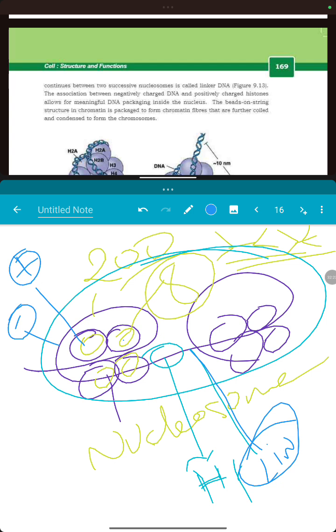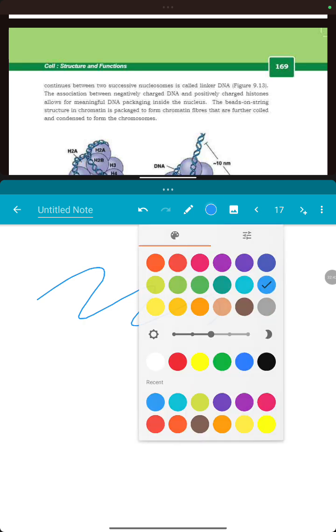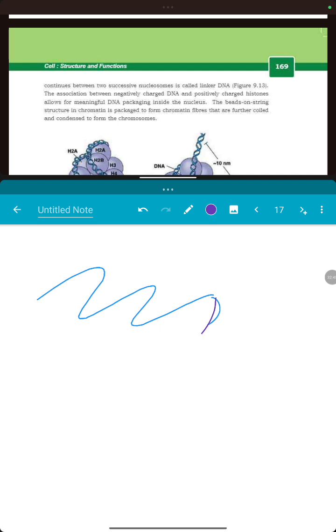The beads on string structure of chromatin forms chromatin fibers that are further recoiled into chromosomes. First, chromatin is present like this. It gets more condensed; this is the chromatin fiber, and finally it appears as a chromosome.